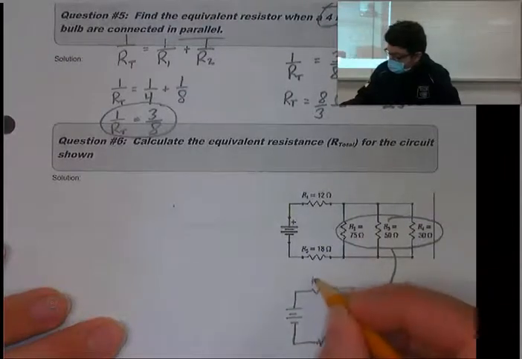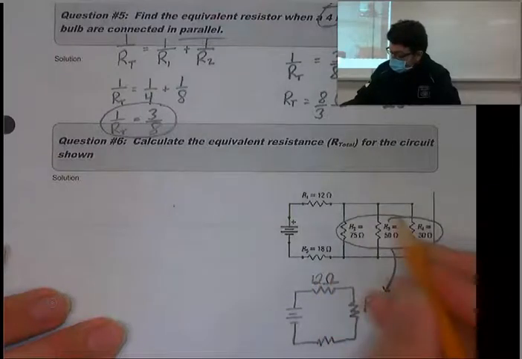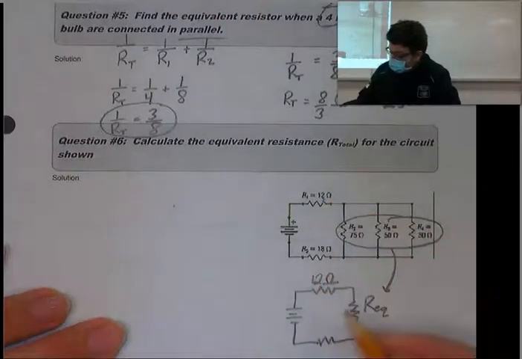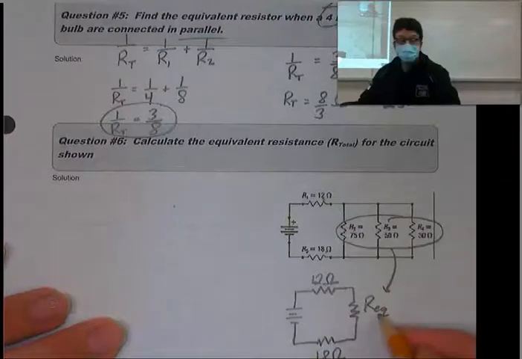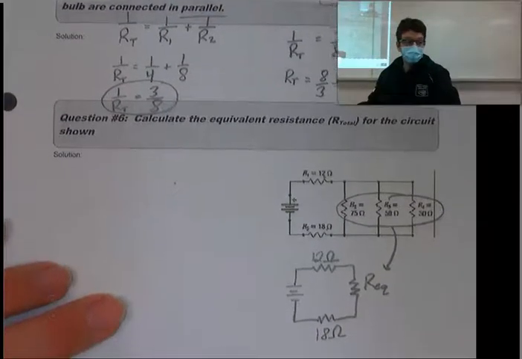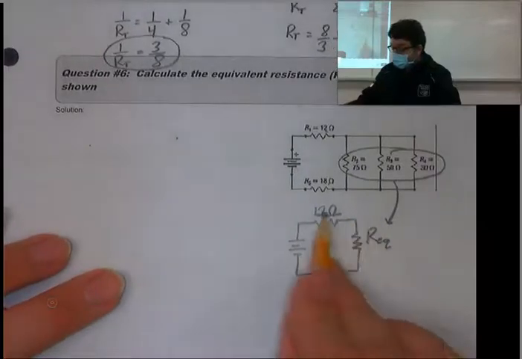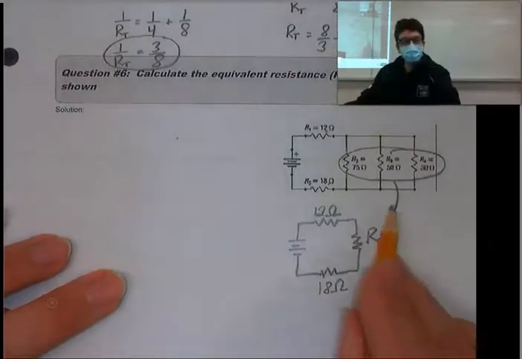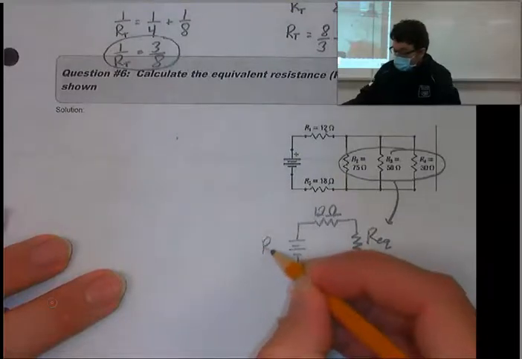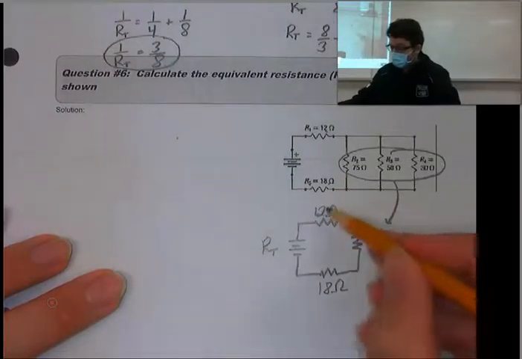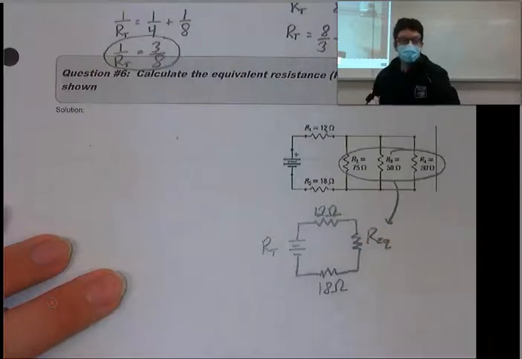So this would be 12 ohms from up here. Down here would be 18 ohms. And here is REQ. Now this circuit is a nice simple series circuit. So if I wanted to figure out that total resistance, all I have to do is add those 3.